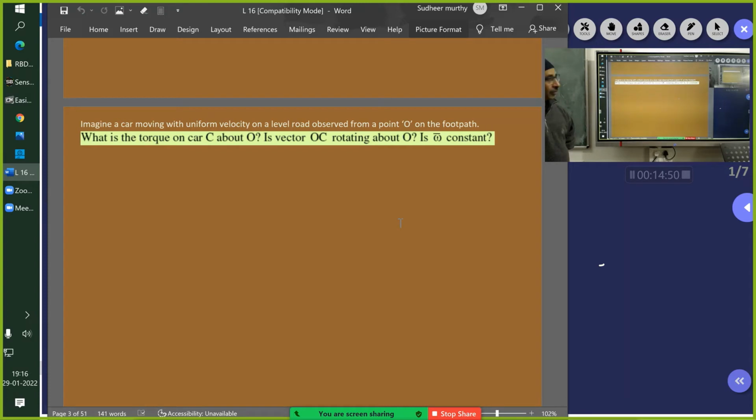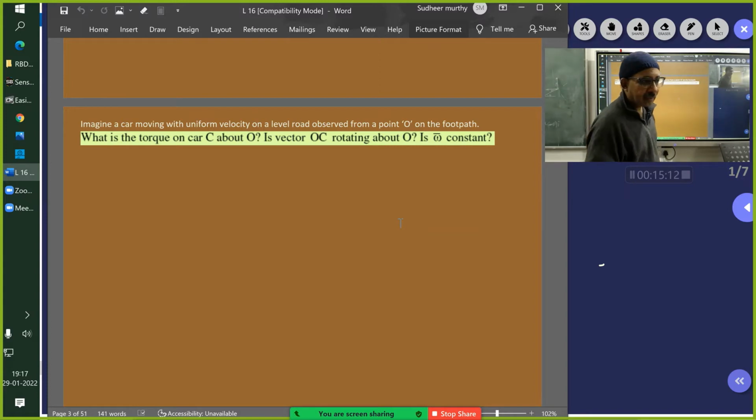What is the torque? Is the vector OC rotating? So I suppose you draw some diagram there.